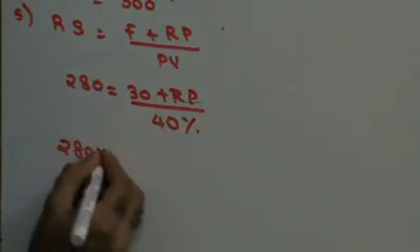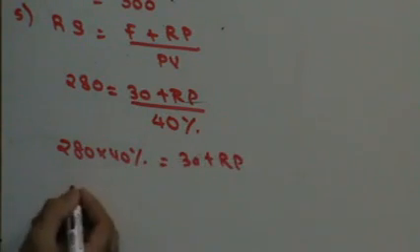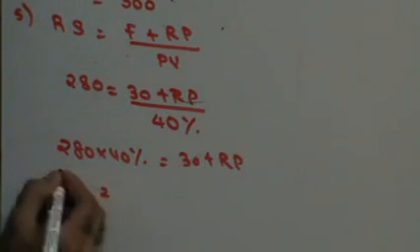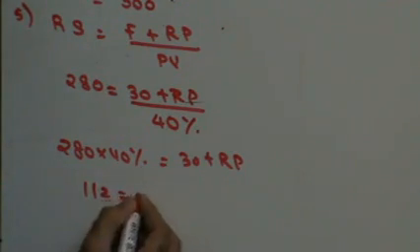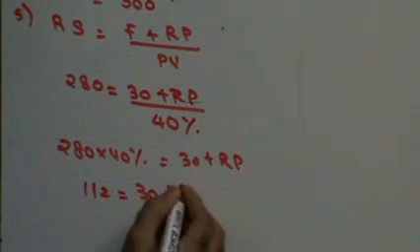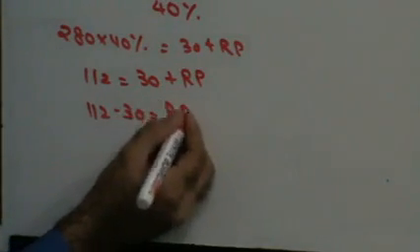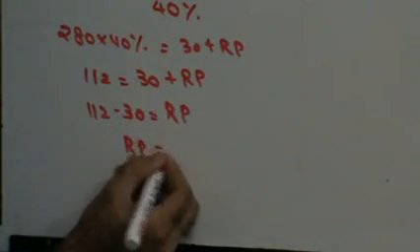So this can be written as 280 into 40% will give you 30 plus required profit. Someone please do this and tell me how much this is. 112 is equal to 30 plus required profit. So 112 minus 30 is going to be required profit. 82. Required profit is going to be 82 lakhs. Right? So do we get the sum? Next, let's move on to the next sum, guys.